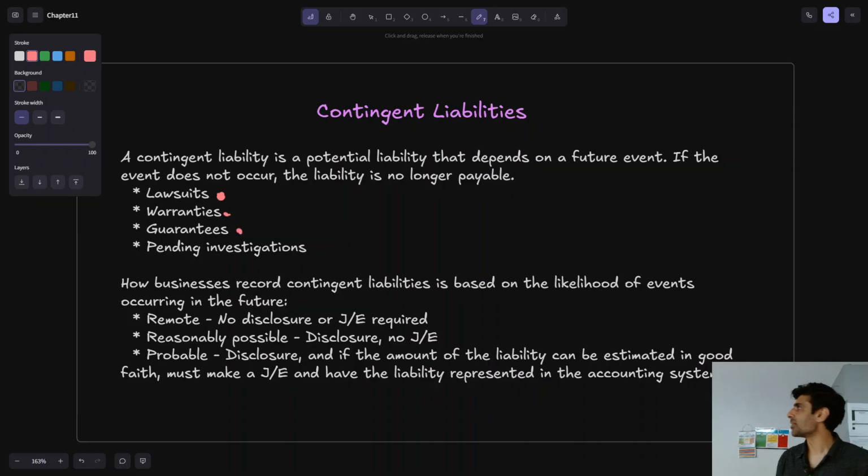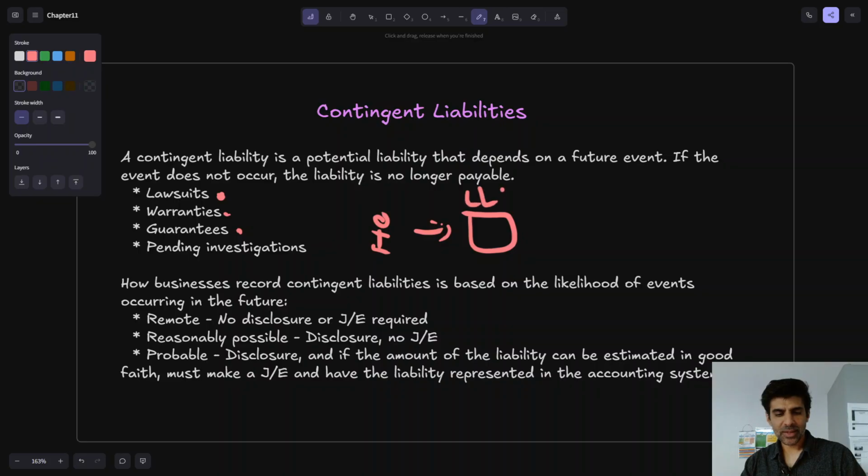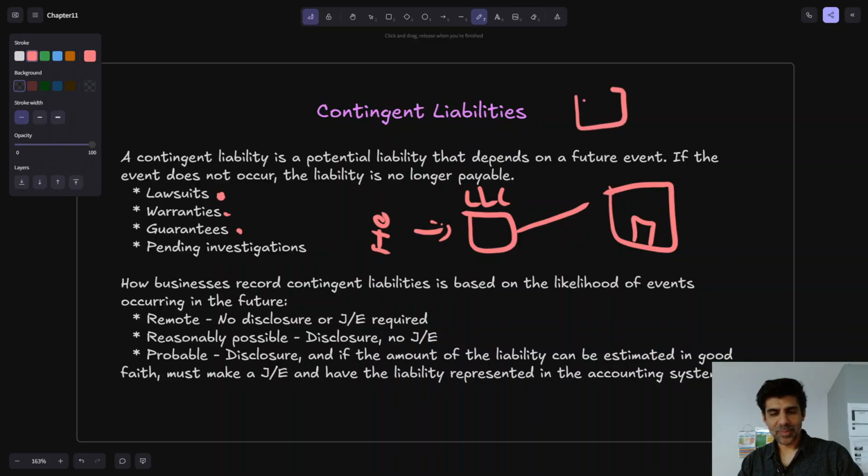A guarantee, okay, so this is a common one in real estate. An investor is going to set up some LLC, and then the LLC is going to own some building. Now, the bank, if they needed to finance the purchase of the building, they're going to technically lend to the LLC because the LLC is the thing that owns the building.